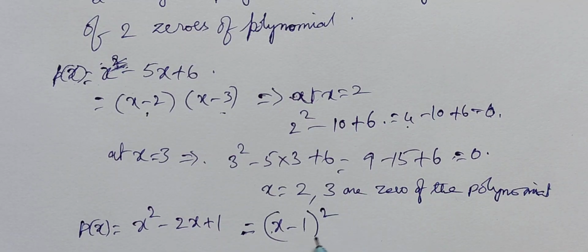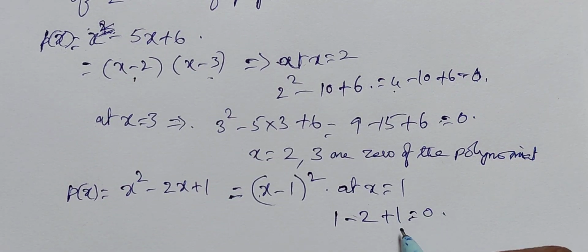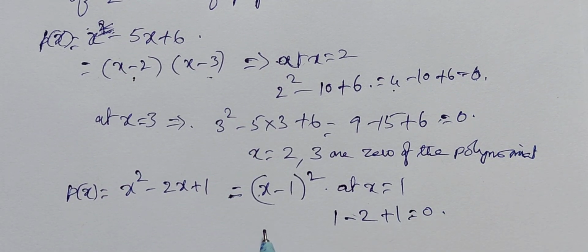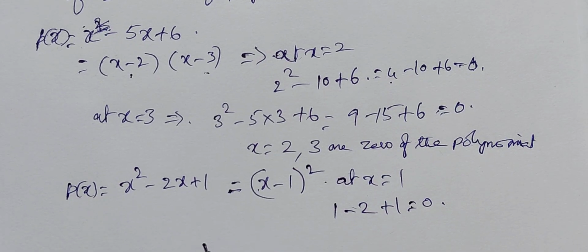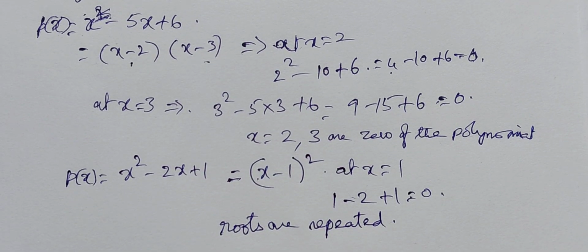In this case, at x equal to 1, the entire equation becomes 1 minus 2 plus 1, which is 0. So the roots are repeated here. That means there are no two different roots where this polynomial becomes 0. This is one important term we should remember: a repeated root polynomial.